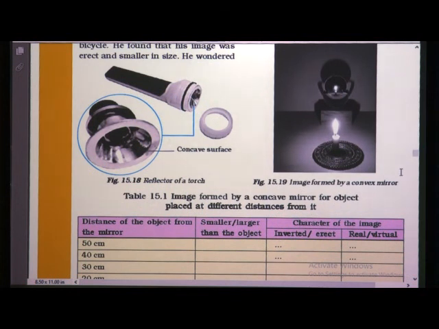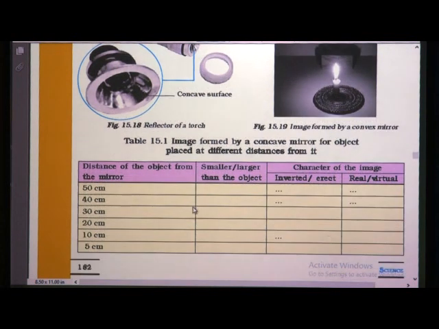You have to do this activity and see which type of image you will get. Right now we are discussing the convex mirror, but you have to do this activity and complete this table, okay.